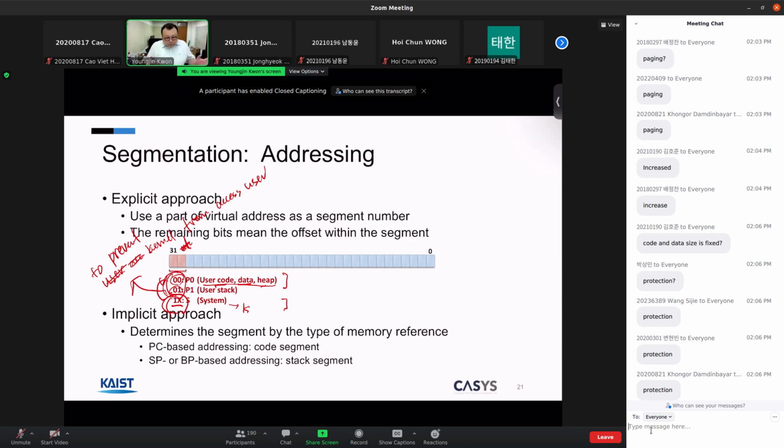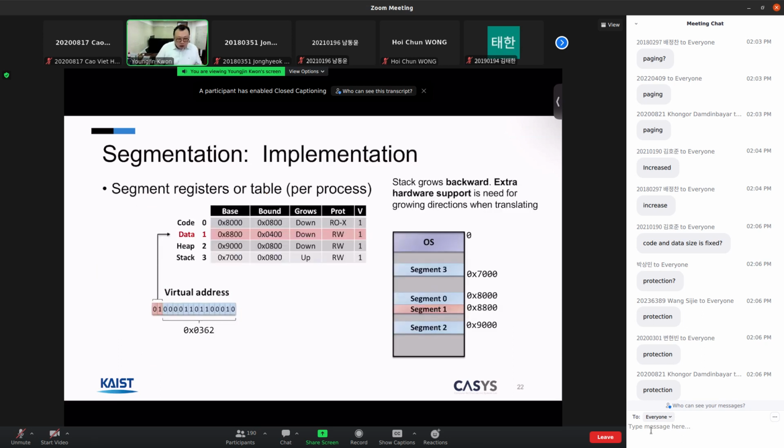If some operating system does not need to protect the kernel from the application, then it can use code, data, and heap in different segments. So that's one example, right? Anyway, these 2 bits are used as the segment indicator. Using the segment indicator, the segments are code, data, heap, and stack.